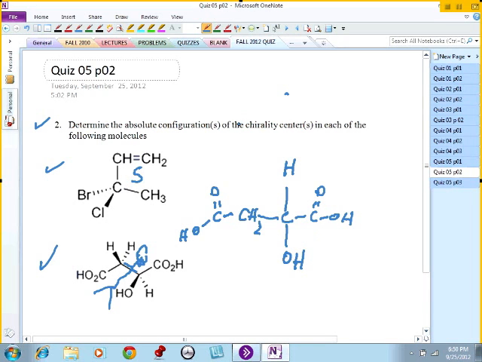Now, let us make our assignment. What is priority A? Hydroxy, very good. Priority B? What is priority B? Yes, C double bond oxygen.